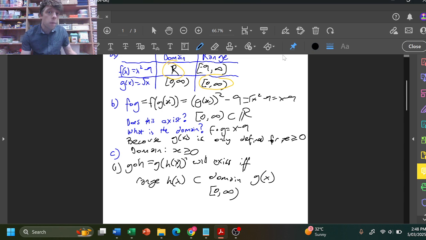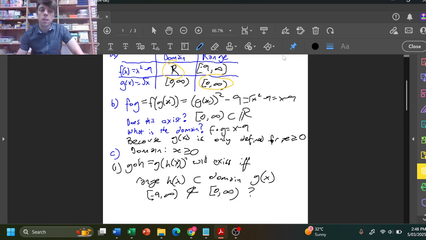And currently, our unmodified version of f, what's that one's range? Well, the range of f is from -9 to infinity, isn't it? So is -9 to infinity a subset of this? Well, no, it's not, because negative numbers are not a subset of the positive numbers.